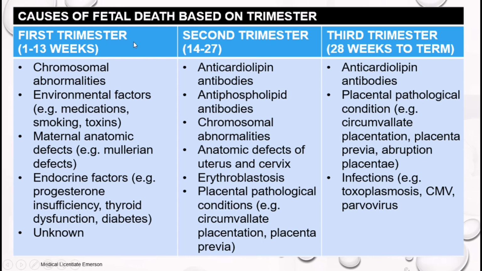Though this is just additional information, we can have causes of fetal death based on trimester. So these are not the causes of intrauterine fetal death; these are just causes of fetal death, as in the one we talked about.